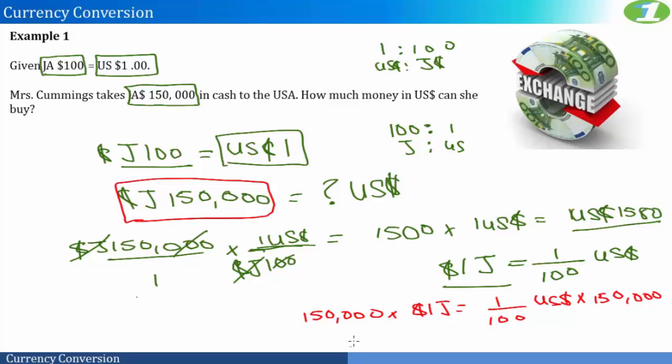And so you will get 150,000 Jamaican dollars, and this is equal to, let's divide, so this goes, this goes, and so I have a US dollar worth of $1,500. All right, so this is the basic intuition behind doing these sorts of conversions.